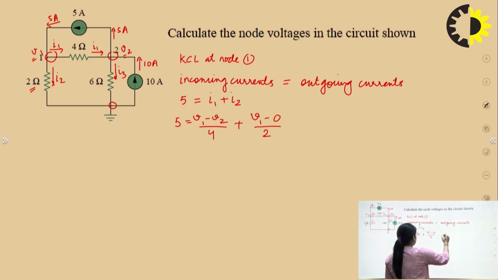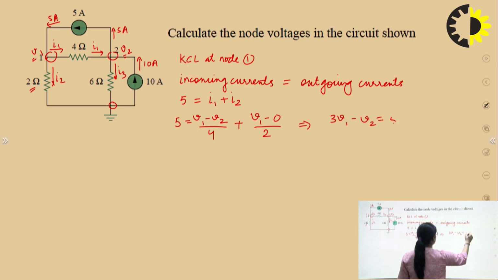Now, rearrange this equation, we will get 3V1 minus V2 is equal to 5. This is our equation 1.